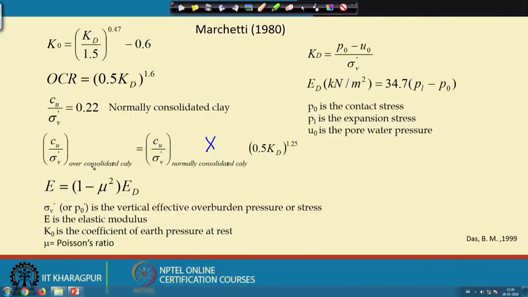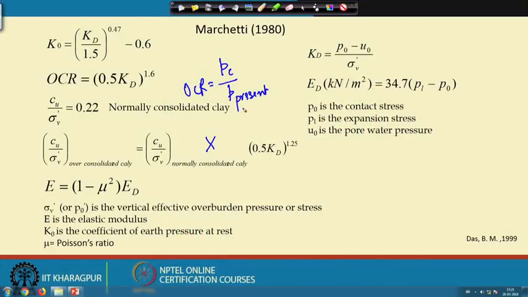And as we know what is the normally consolidated clay, what is the over consolidated clay, we have already discussed. The over consolidation ratio, OCR, is the ratio of Pc divided by P present. Pc is the past maximum stress the soil has experienced, and P present is the present stress.